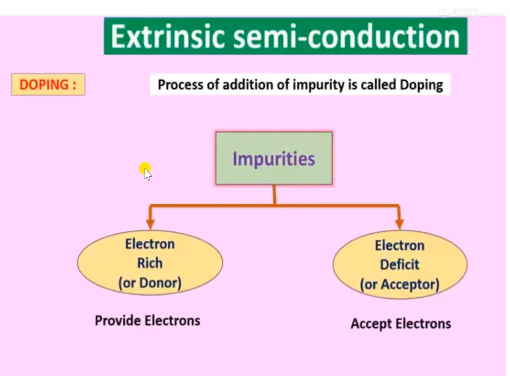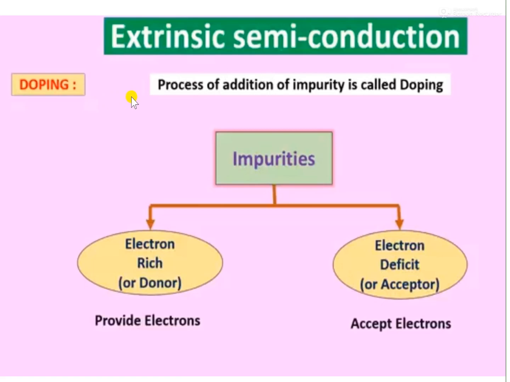The next type that we discussed is that in semiconductors we can use them as extrinsic semiconductors. So extrinsic semiconduction is the addition of some impurities.